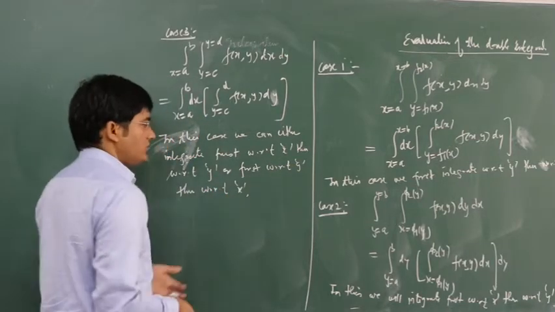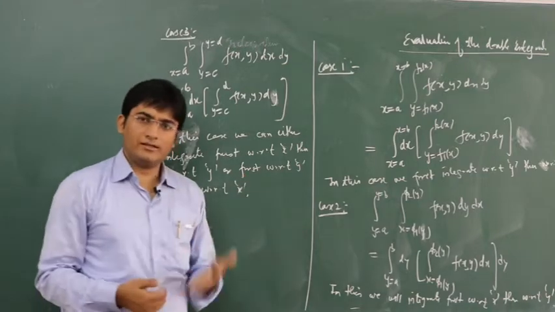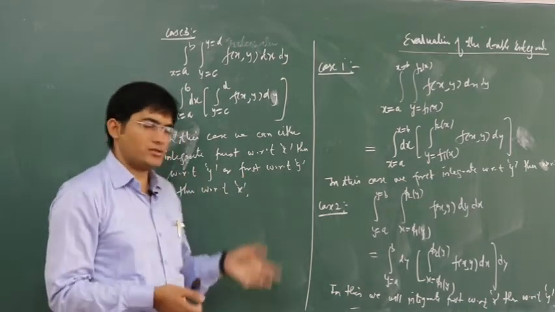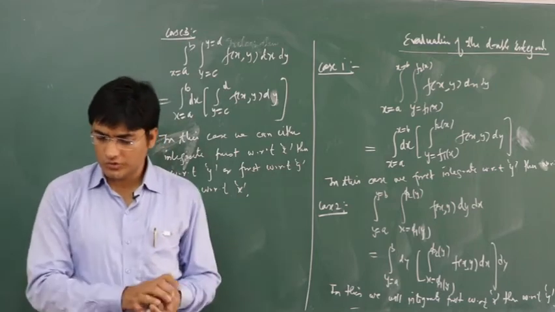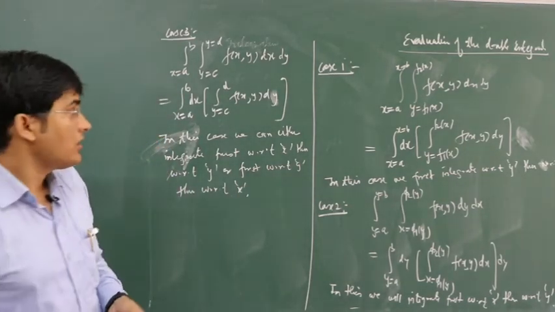So here we have a choice: you can either integrate first with respect to x, then with respect to y, or first with respect to y, then with respect to x.